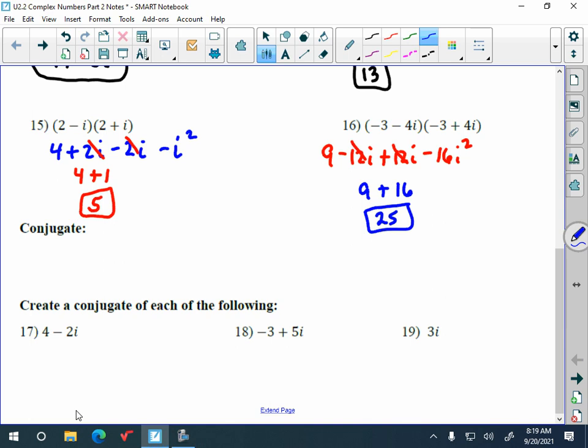All right, so a conjugate has the same terms, but opposite.